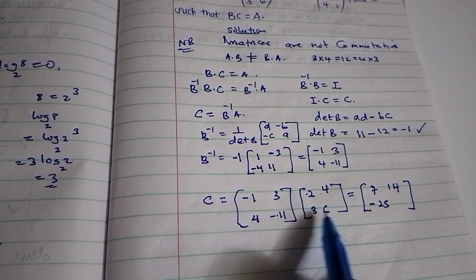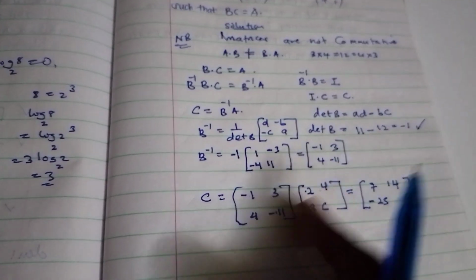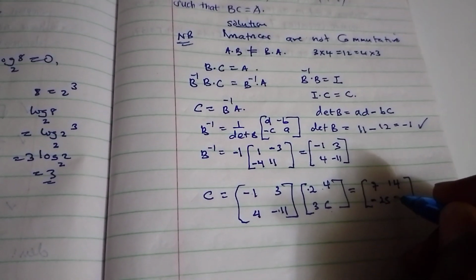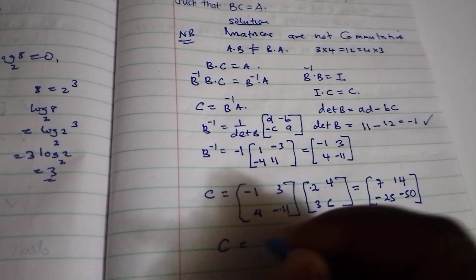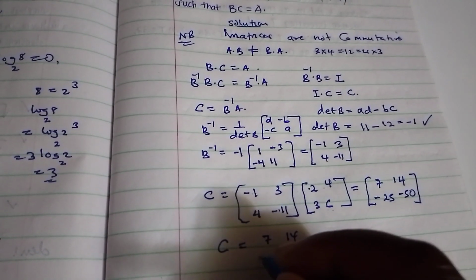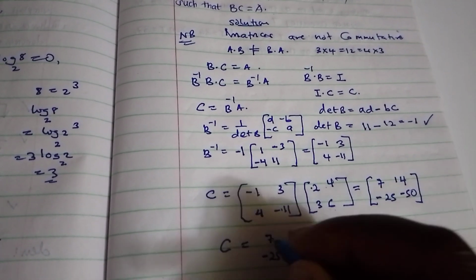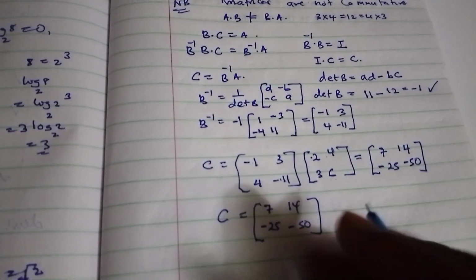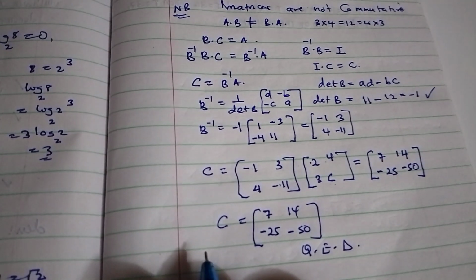We have minus 11 times 6, that is negative 66. So 16 minus 66, that is minus 50. Alright, so our answer C has the following elements: 7, 14, minus 25, and minus 50. And that is how it is done. That is quite easily done. Thank you.